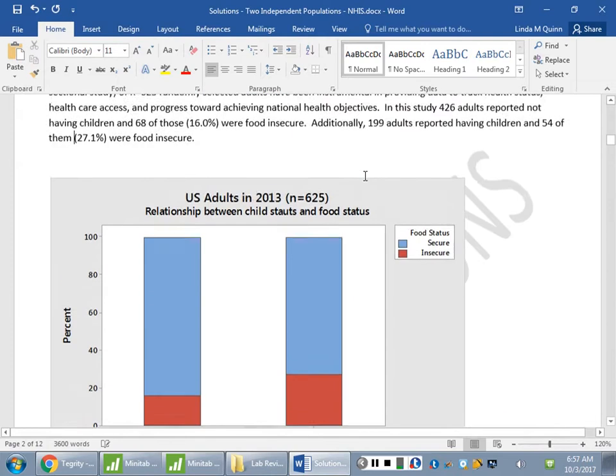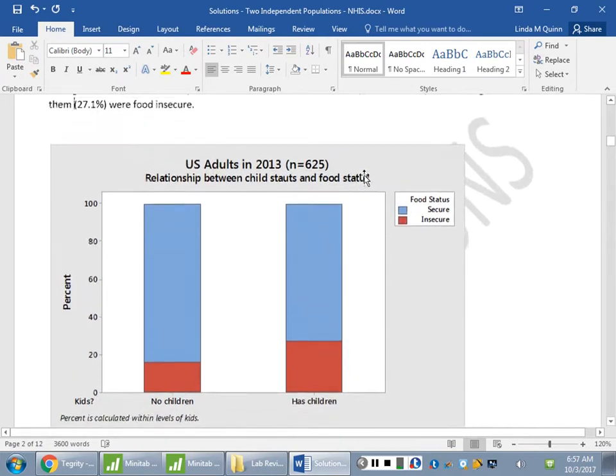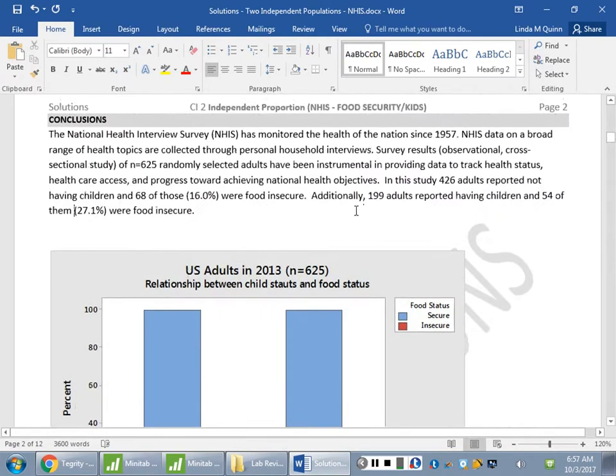All right, so we now know that people with children are more likely to be food insecure, right? 27.1 versus 16.0. So think about what this comparison should be. When we think about the confidence interval, we should be saying something like, people that have kids are more likely to be food insecure than people without kids.